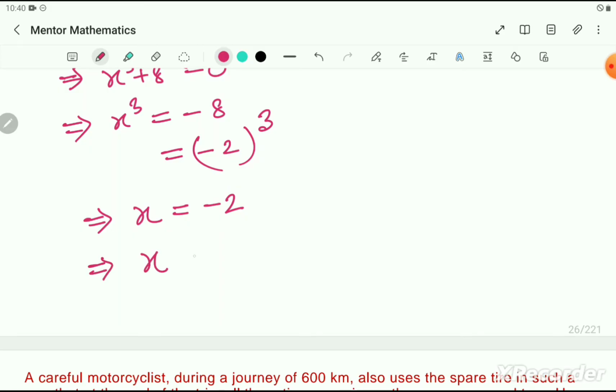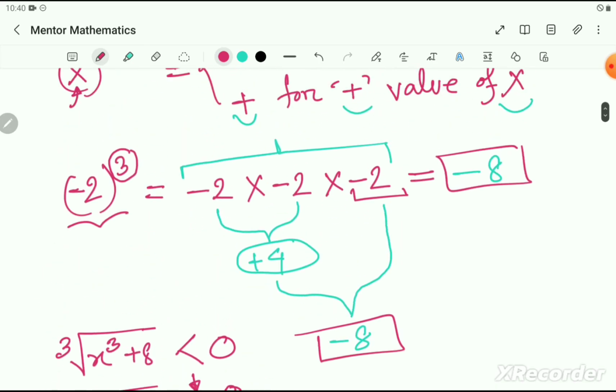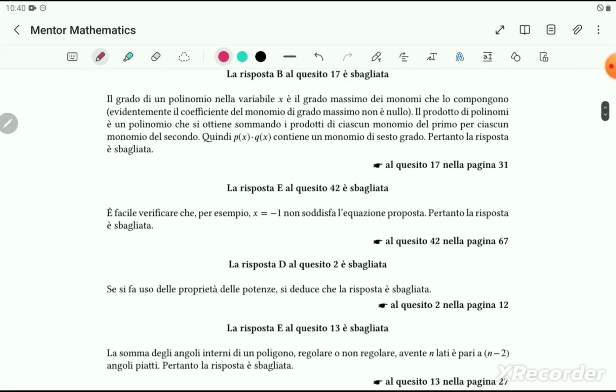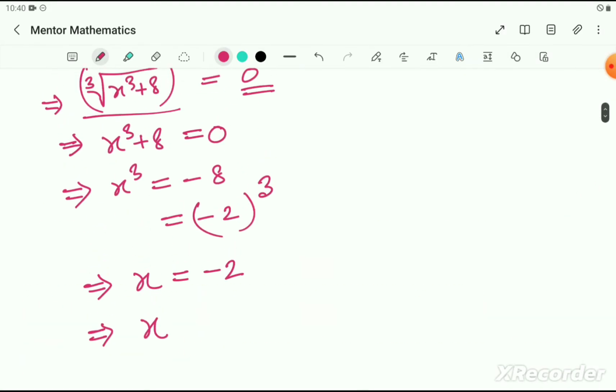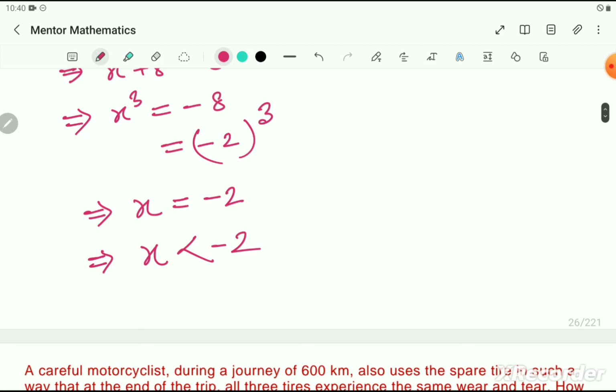So x less than negative 2. I just put the less than sign again instead of the equal sign. So this is our answer.